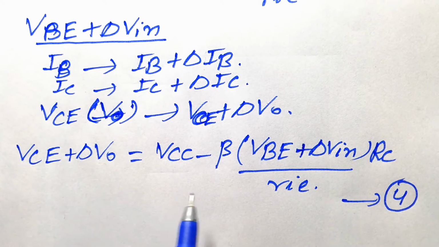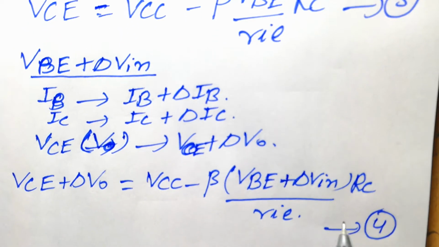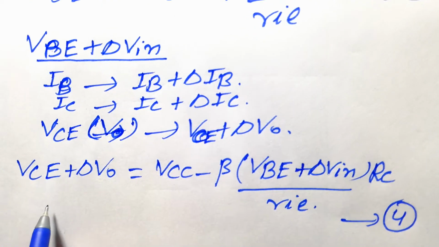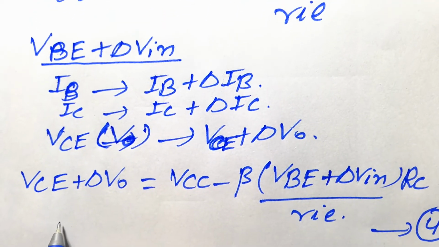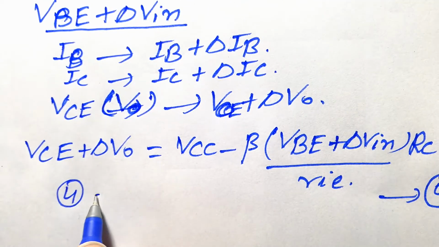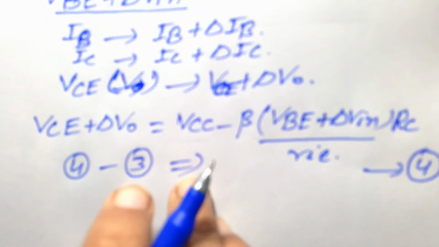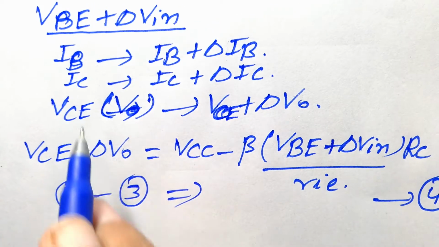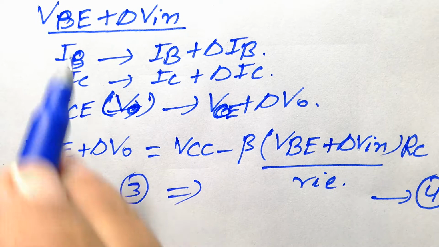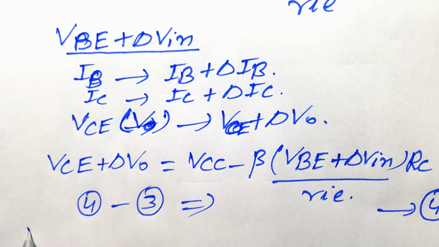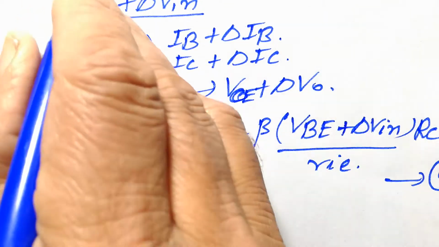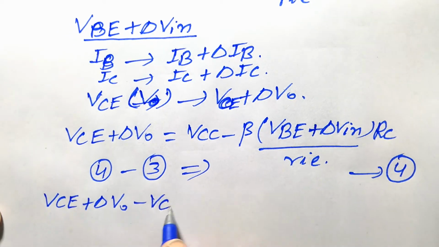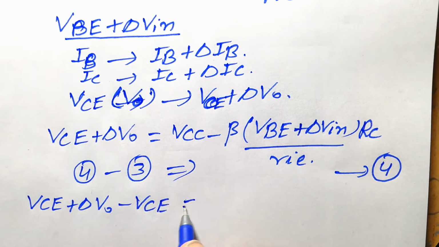Now students, subtracting equation 3 from equation 4, we get 4 minus 3. We all know the left side is subtracted from the left side and the right side from the right side. So VCE plus delta V naught is subtracting VCE.